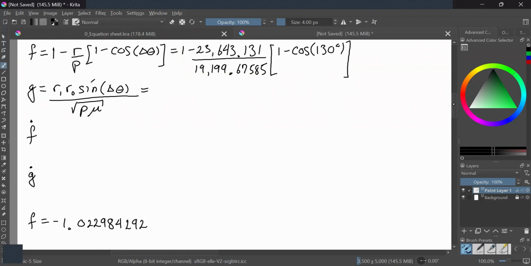So R1, 23,603.41. Sorry, 131. Only mistake I'll ever make. Times R0, 16,365.424 times the sine of our delta theta, which is 130 degrees.